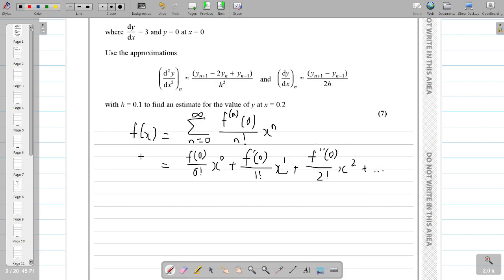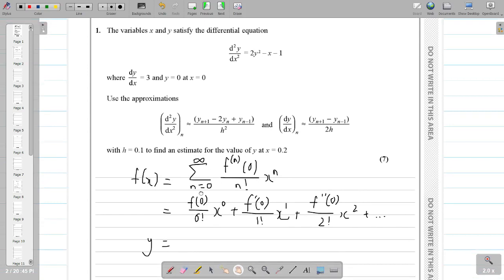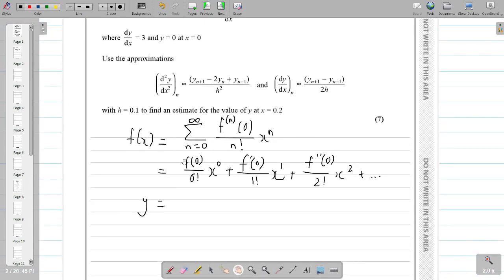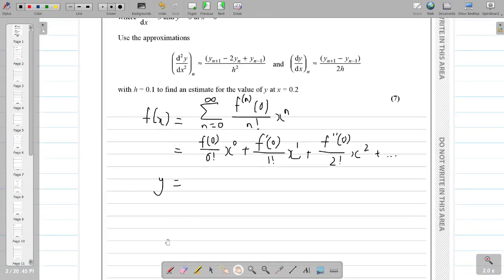So this is all going to be equal to f of x, right? We're just going to replace the f of x with y because that's going to be easier to deal with, as we are dealing with y's with respect to x. So f of 0 is simply what y is when x equals 0, and we know that y equals 0 when x equals 0, so this entire term is just 0. So the first term is 0, right? Because 0 over 0 factorial is 1 times 1 is just 0.